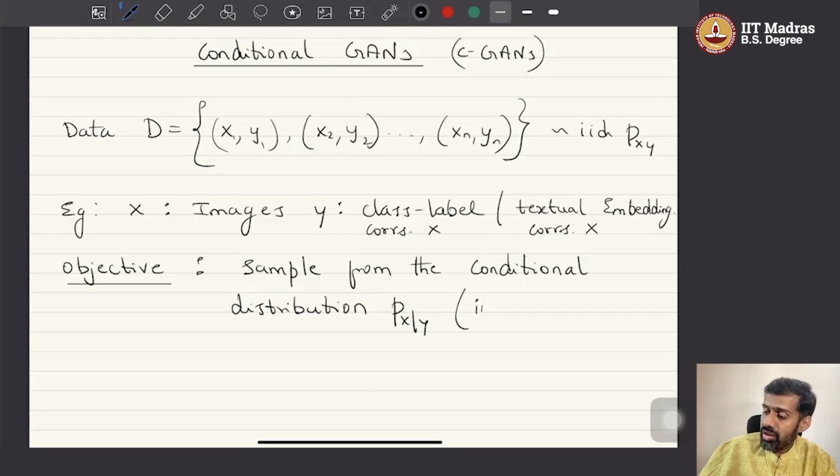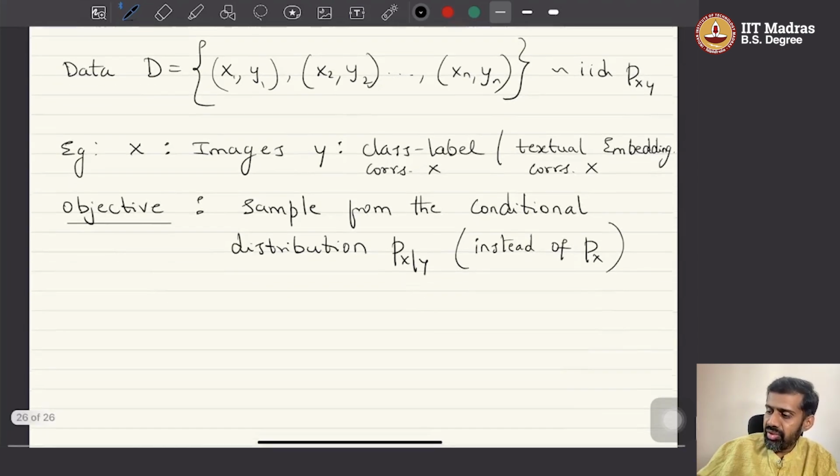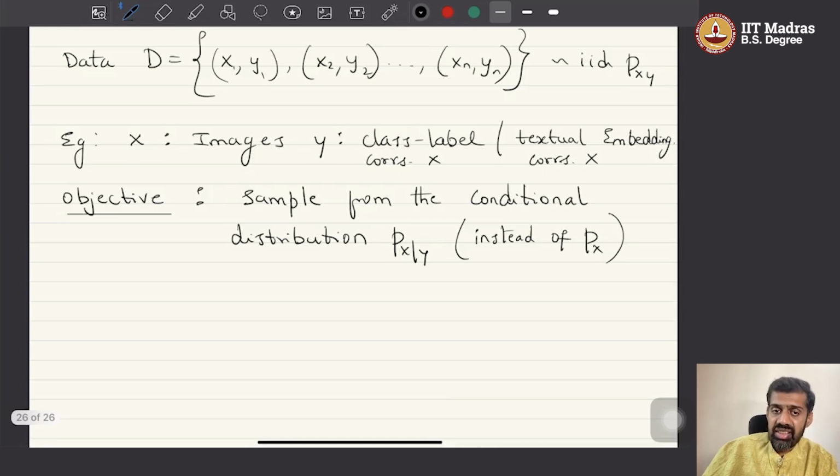Now, in the unconditional case we were sampling from the marginal distribution p(x), which had no conditioning variable. Here we need to sample from p(x given y) instead of p(x). How do we do that? Thankfully nothing changes in the formulation that we just had.